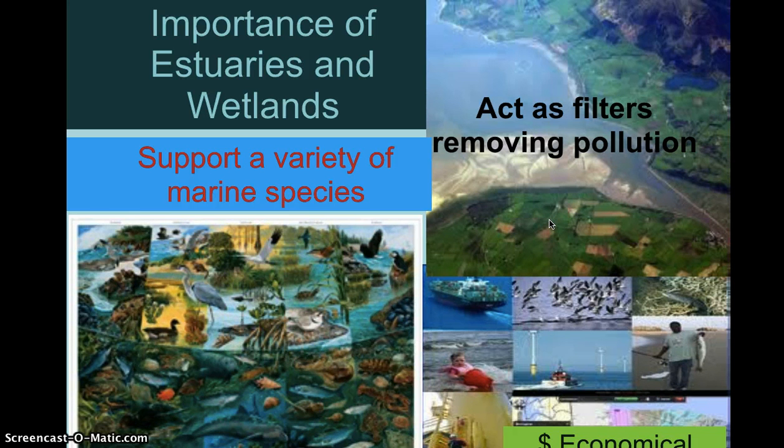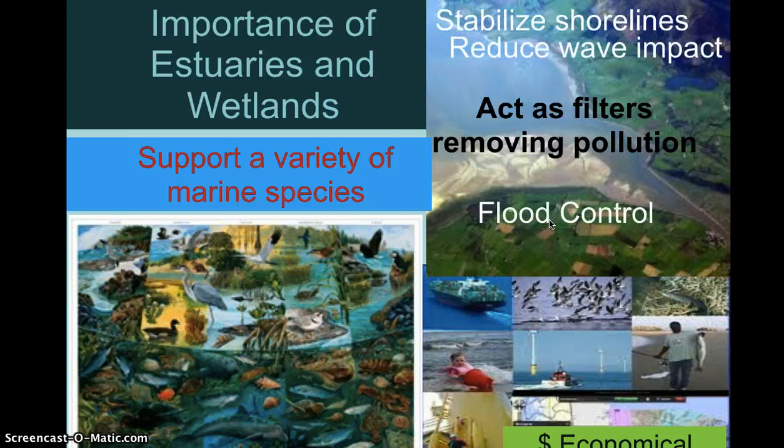It acts as a filter since there's movement and exchange of salinity. It filters and removes pollution, and it also helps stabilize and control floods and help control wave impact against shorelines.